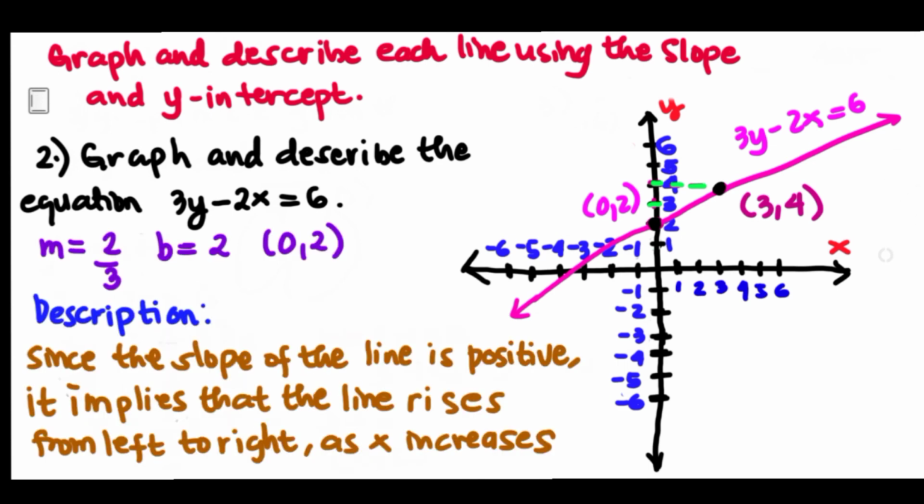So to describe the graph of 3y minus 2x is equal to 6, since the slope of the line is positive, positive 2 thirds, it implies that the line rises from left to right. So from left to right, it goes up as x increases. As x increases, it rises and rises infinitely.